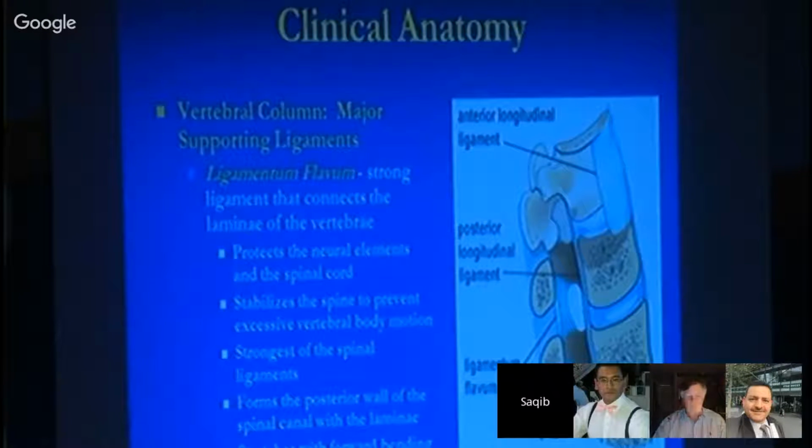It will stretch when the cervical spine is flexing, and it will buckle when the cervical spine is extending. And if the canal is narrow, this is a major contributor to stenosis of the spinal canal in the cervical section, and in many cases will cause problems and be a contributor to myelomalacia.